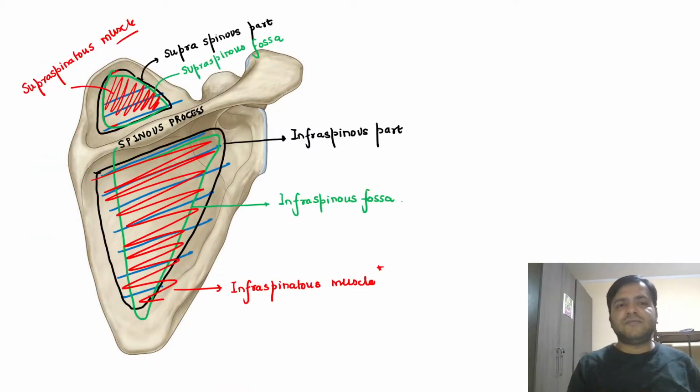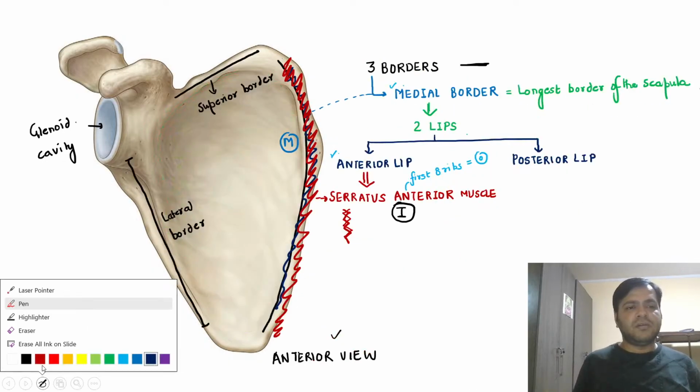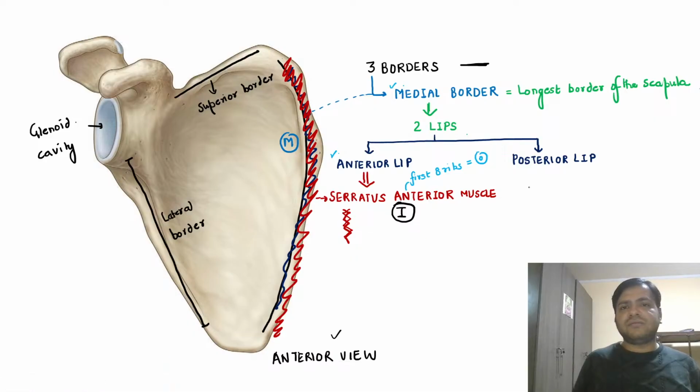So guys, first try to mention this in your notes that the posterior lip is having 3 parts, right?